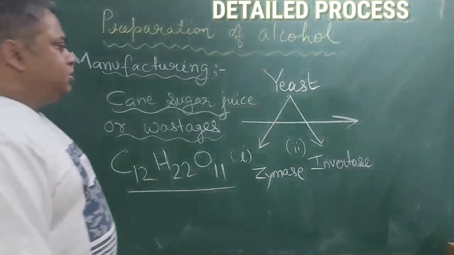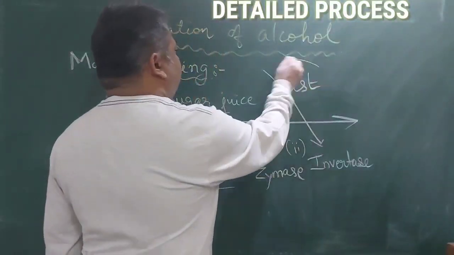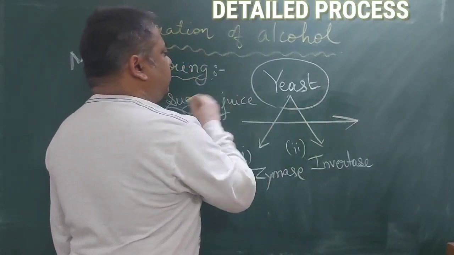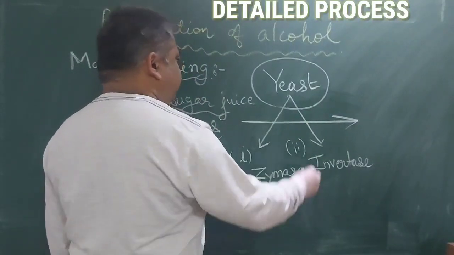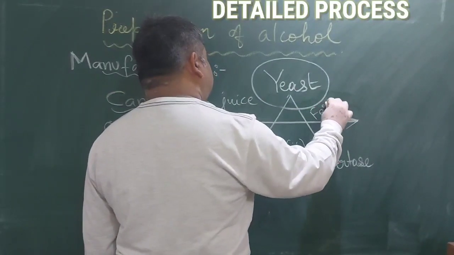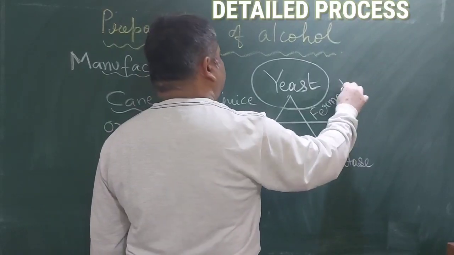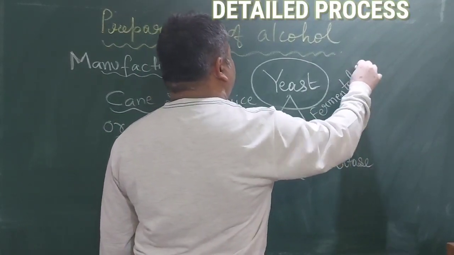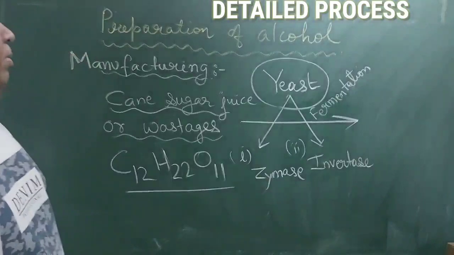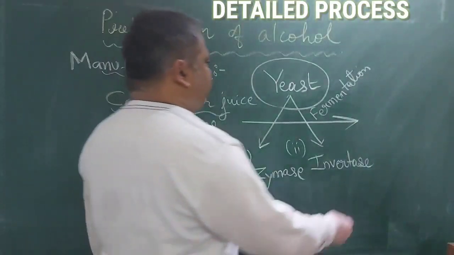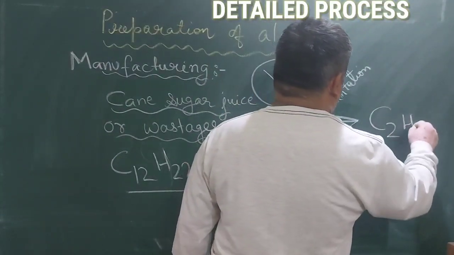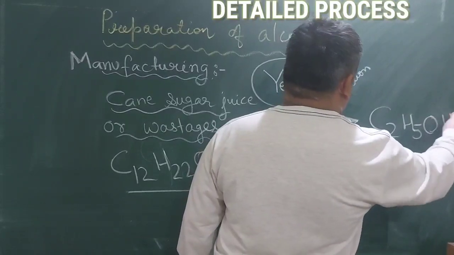This undergoes a process of decomposition, microbial decomposition, which we call fermentation. And what is formed? Ethanol is formed, C2H5OH.